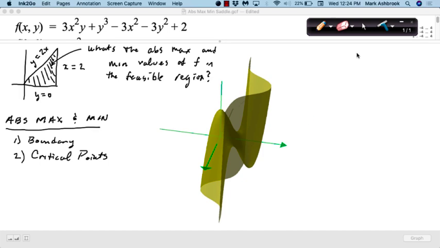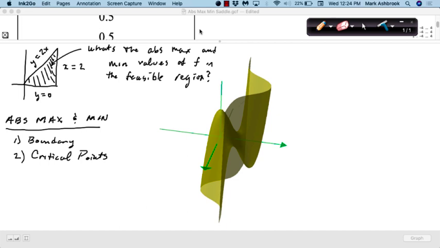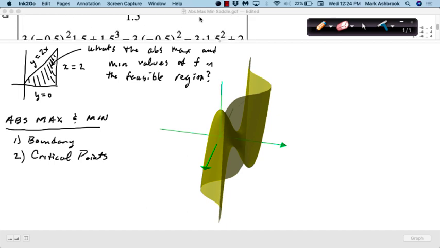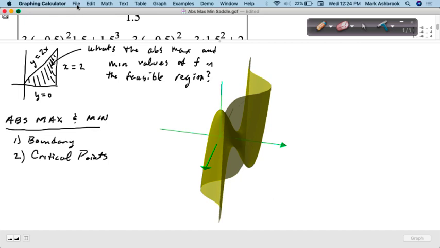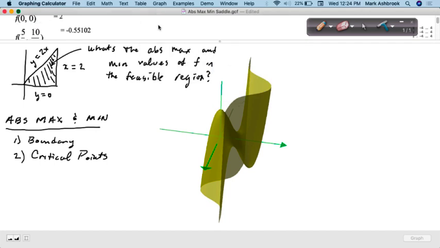So let's graph our critical points here. Let me just turn them on. What were the critical points? Yeah, here we go. 0, 2, was that one of them? There we go. That was our local min. 1, 1.